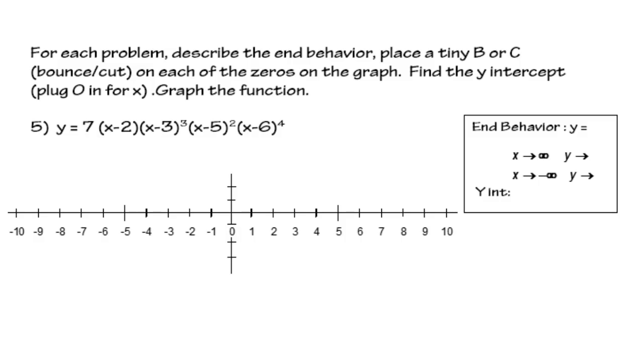All right, so now I'm making you fill out more of the box on your own. It says, for each problem, describe the end behavior, place a tiny b or c on each of the zeros, find the y-intercept, and again, you plug 0 in for x to find that, and then you're going to graph it. So the first thing we want to know is our end behavior. So we count up the x's.